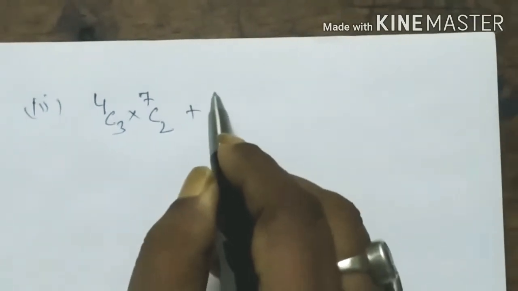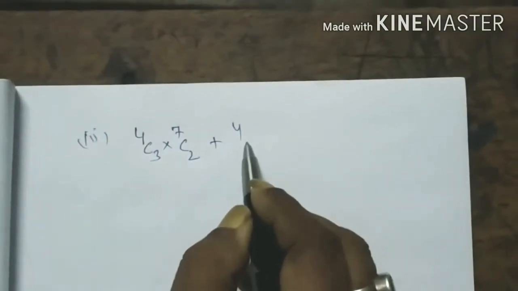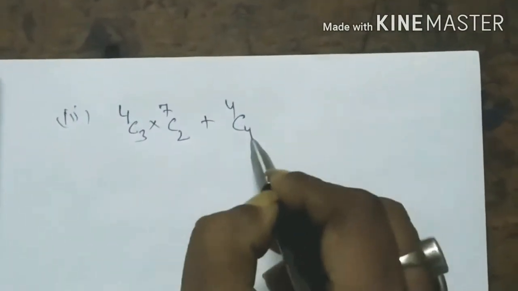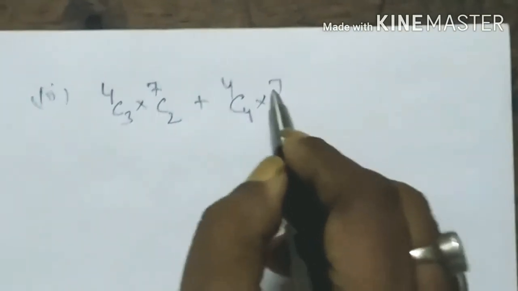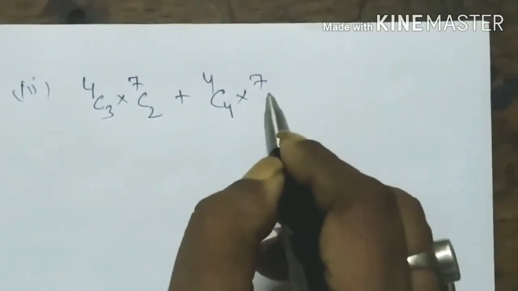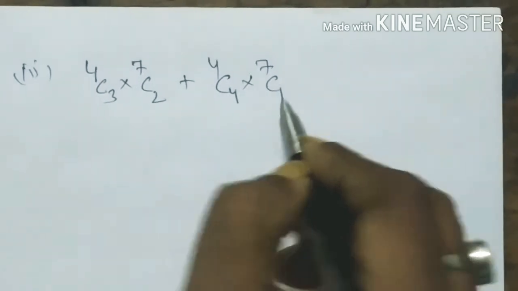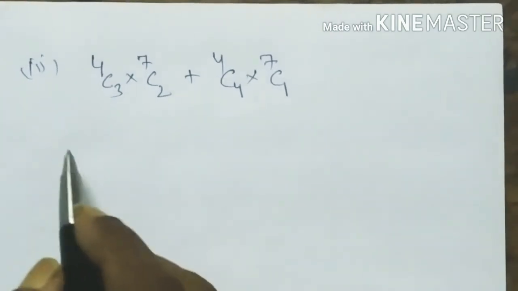And my next arrangement will be from 4 men, I am going to select 4 men, and from 7 women, I am going to select 1 woman. 4 plus 1, 5.